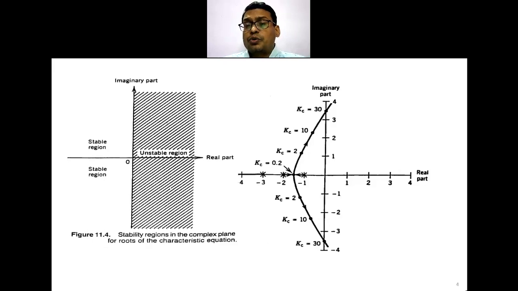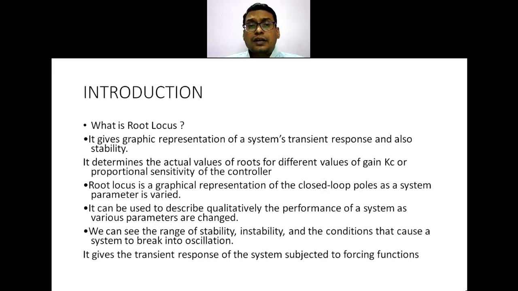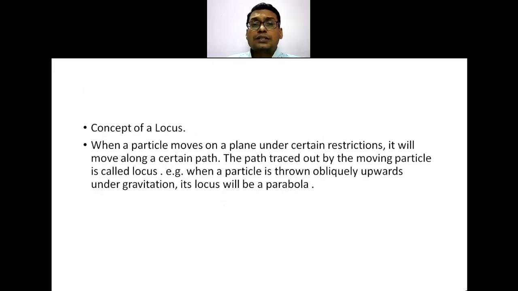So we are going to plot the different roots of the characteristic equation, and that is the root locus. Now what is basically a root locus? What is basically a locus? A locus is nothing but the path along which a particle moves on a plane under certain restrictions.